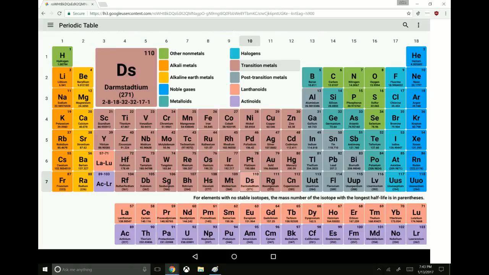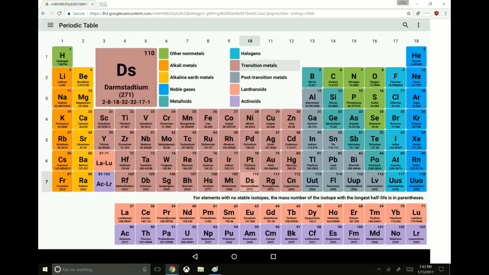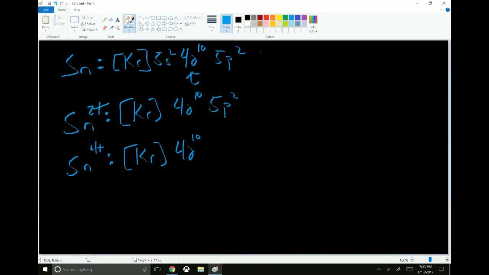Now let's go ahead and look at silver. Silver is element number 47 here in the middle of the periodic table, fifth row, preceded by krypton. So silver is krypton, 5s2, 4d9.